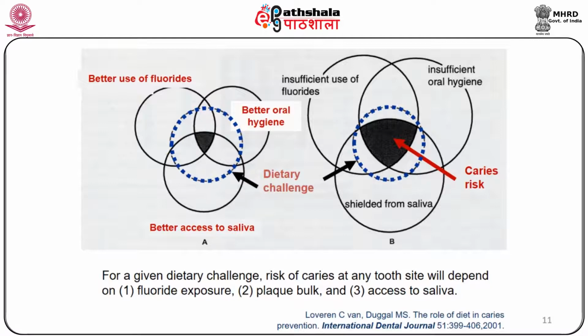So, better access to saliva, better oral hygiene, better use of fluorides, and dietary changes will ultimately reduce the chances of caries. For a given dietary challenge, risk of caries at any tooth site will depend on fluoride exposure, plaque bulk, and access to saliva.